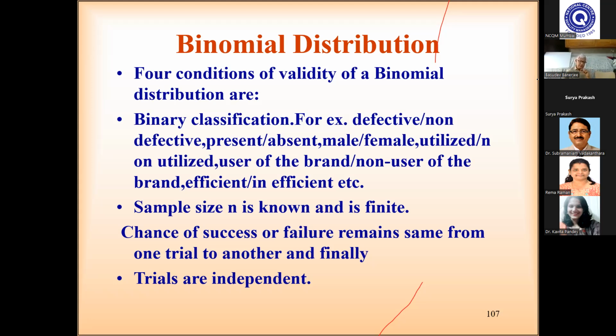It should be a binary classification, two attributes taken at a particular time for comparison. Sample size n is known and is finite. Chance of success or failure remains the same from one trial to another, and finally trials are independent.